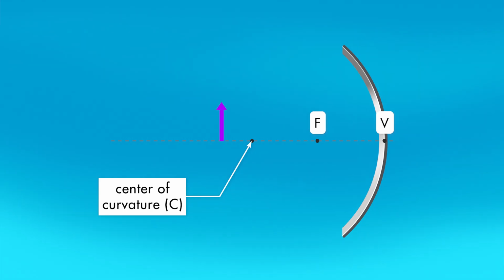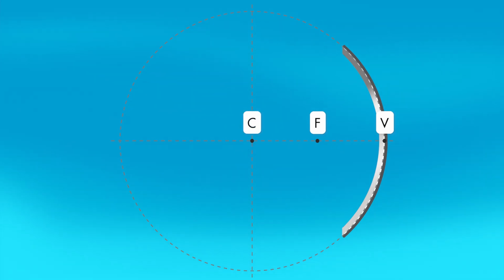The center of curvature is a point on the optical axis, a distance from the mirror equal to the radius of the curve of the mirror. If we draw a circle whose circumference includes the curve of the mirror, C would be at the center of the circle. The center of curvature is also twice the distance from the vertex to the focal point.